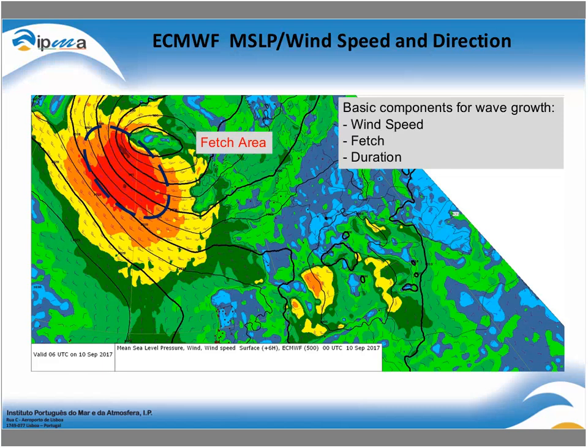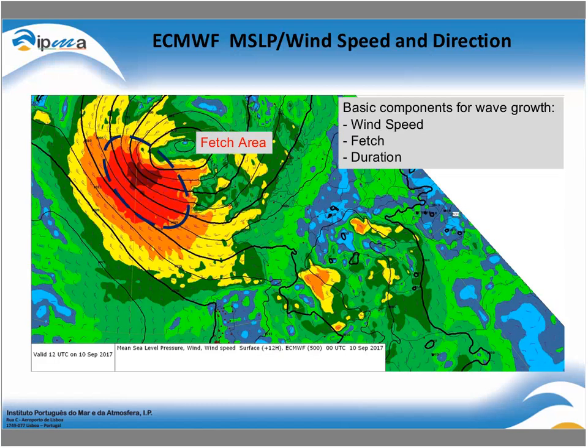So bear in mind the basic components of wave growth, which is wind speed, fetch, and duration. And so that started at 6 UTC 10th of this September, and now I will show you the 6 hour steps for the prediction for the next hours.